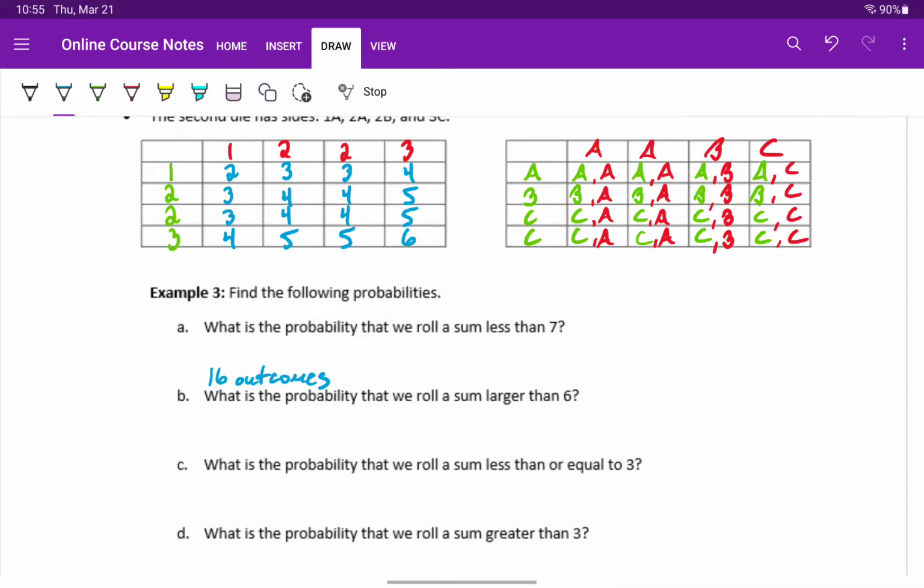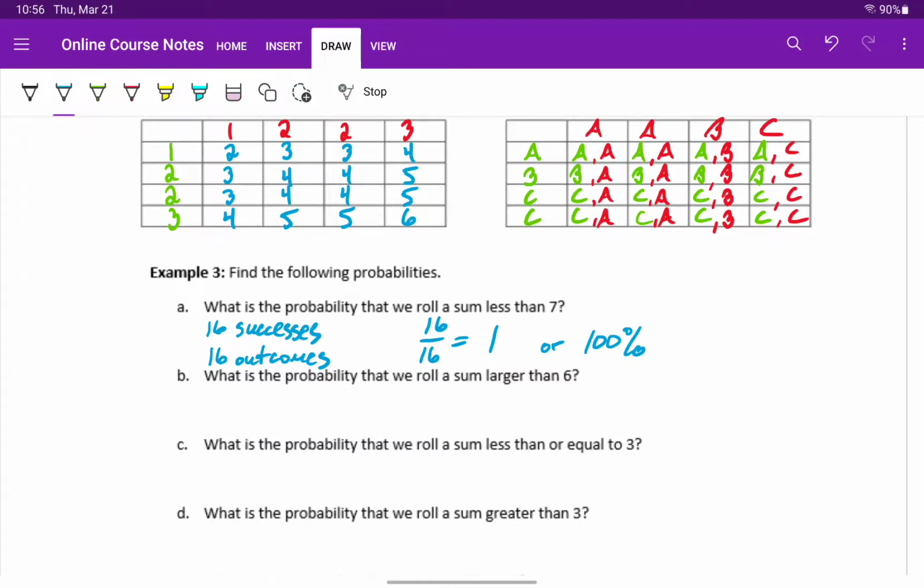And how many of those are a case where we roll a sum that's less than 7? In this case, all of those sums are less than 7, so we have 16 successes. So our probability will be 16 over 16, which is equal to 1, or 100%. We have a 100% chance that we will roll a sum less than 7, given these specific dice.